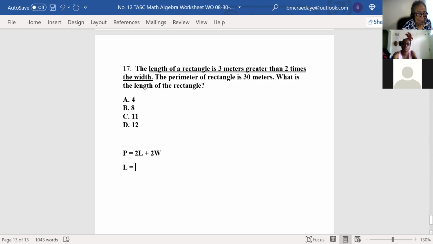Do I have to multiply the 3 meters? Well, 3 meters greater than means you're adding the 3 meters. The 2 times the width means you're multiplying 2 times the width, right? So you're adding 3 to 2 times the width. First, how would I write 2 times the width?